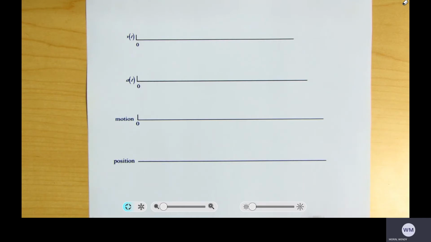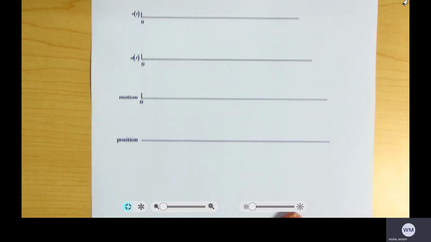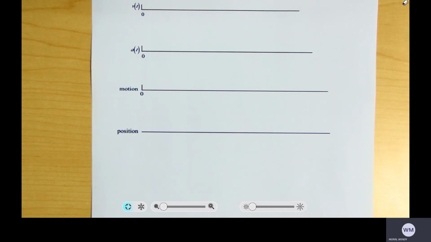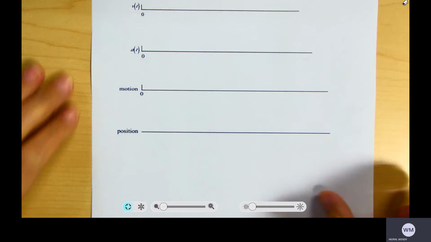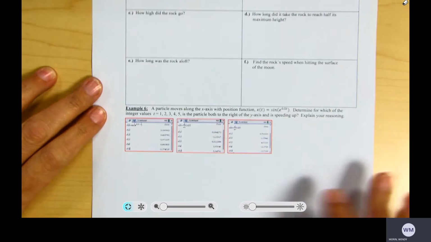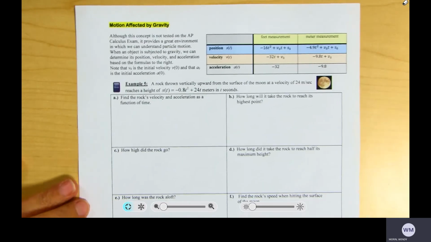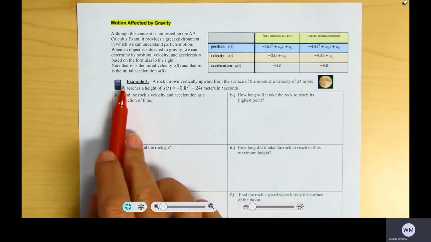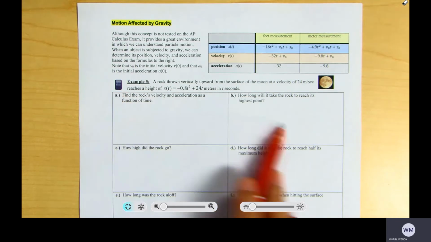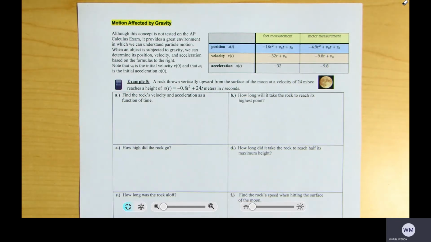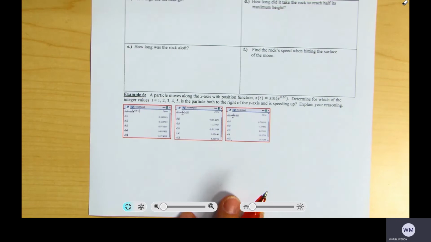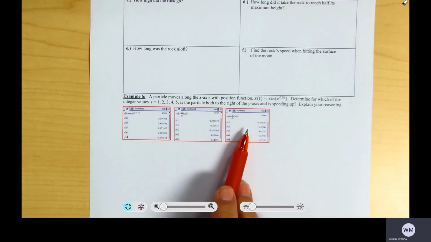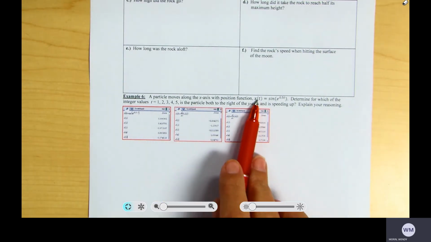Do this on your own next, and then you can check the answers on the website. Then you will also do example number 5 on your own. This again should be familiar to you. You're going to need a calculator to answer all of these questions. And example number 6 is your position function.